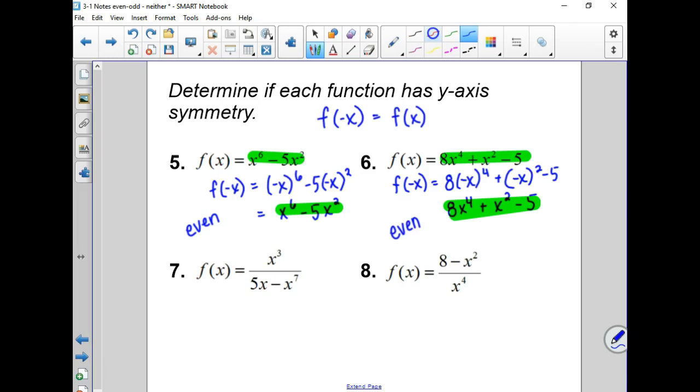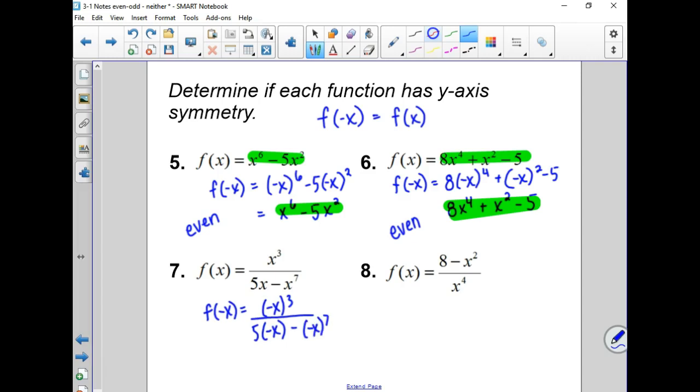Now, fractions are going to be different. Whenever we have f of negative x for number 7, we're going to have negative x to the 3rd over 5 times negative x minus negative x to the 7th.